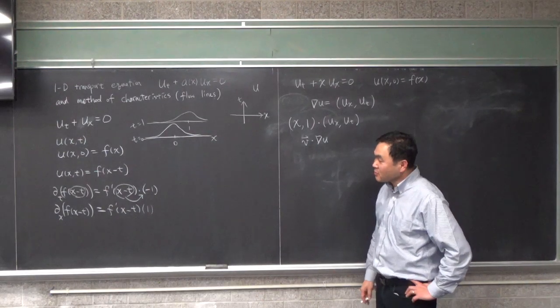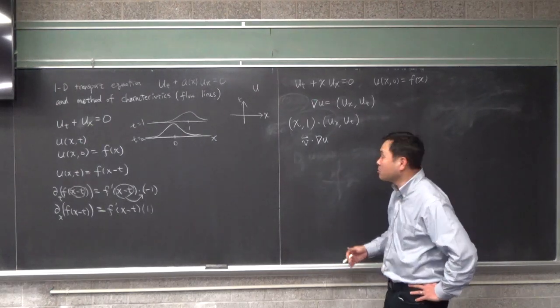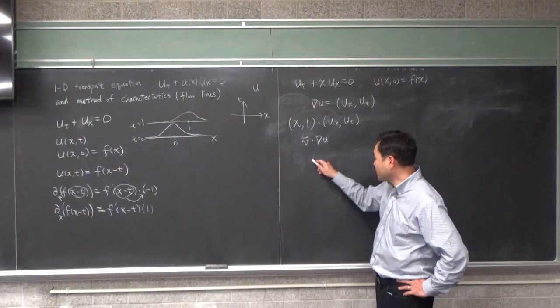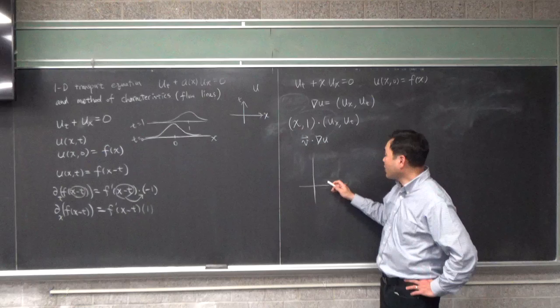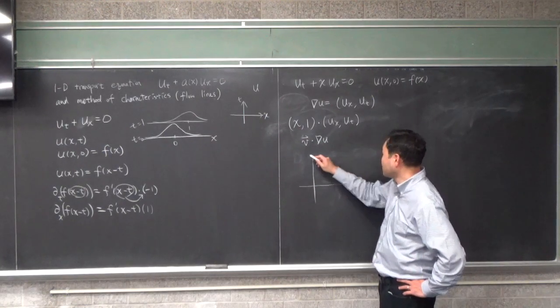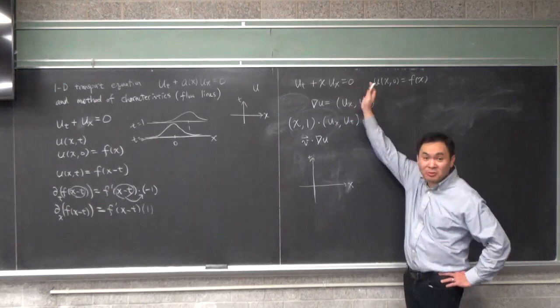So let's try to review what you did in multivariable calculus. In multivariable calculus, there was this concept of a directional derivative. Suppose you have a function u of 2 variables, x and t, and at this point, just forget about the differential equation.